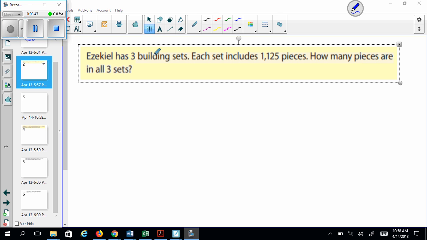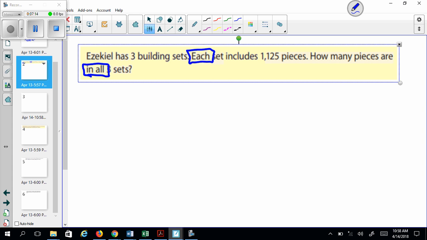So here you have the 3 building sets, and each set has 1,125 pieces. Because he has 3 sets, and each set has this many pieces, we know we're going to be multiplying because it says each, and it says in all. Now each could mean division, but because we see in all, we know that's multiplication.